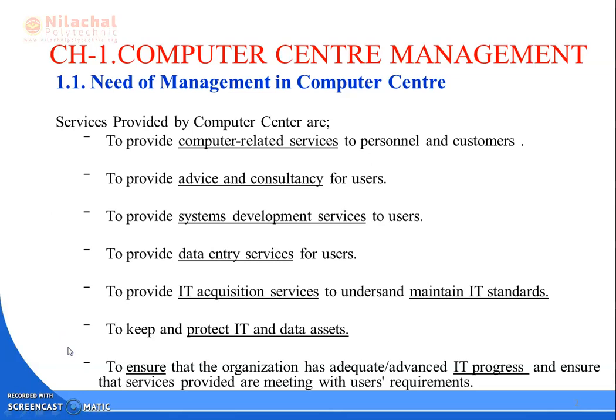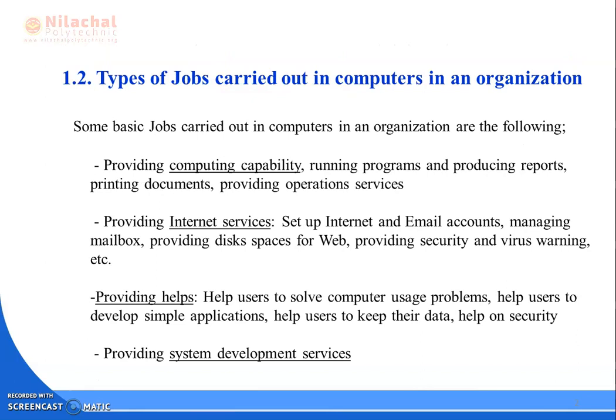In our next slides, we are going to know about the roles and responsibilities in the computer center. So let's move forward. In the next part, we are going to discuss the types of jobs carried out by a computer in an organization. Here are some basic jobs carried out by computers in an organization.